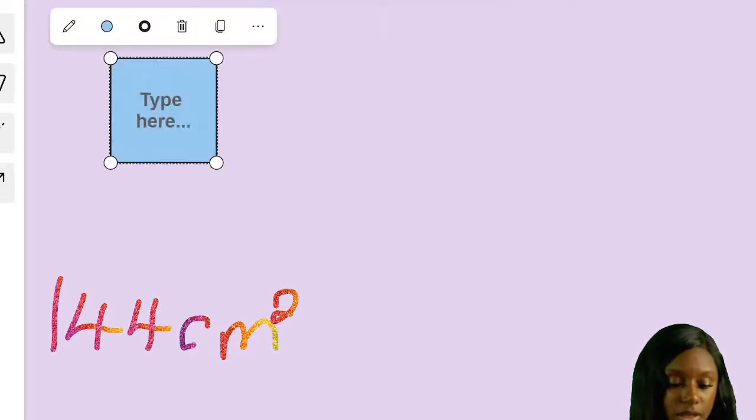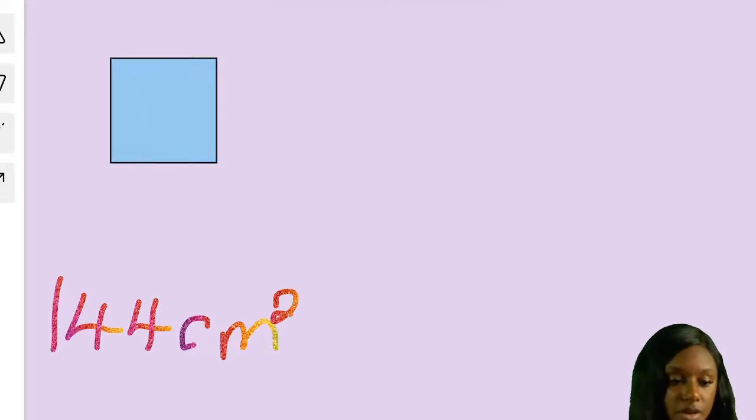They said that it is a squared tile, and they went on to say that the area of that tile is 144 centimeters squared. Because it is a squared tile, it means that the length of all the four sides are the same.